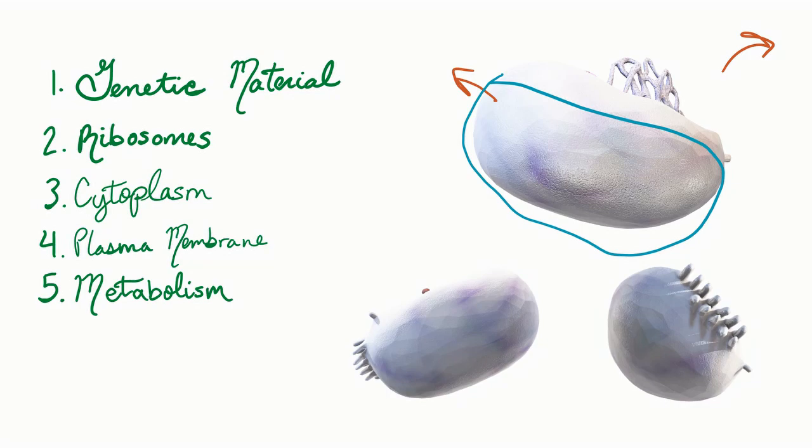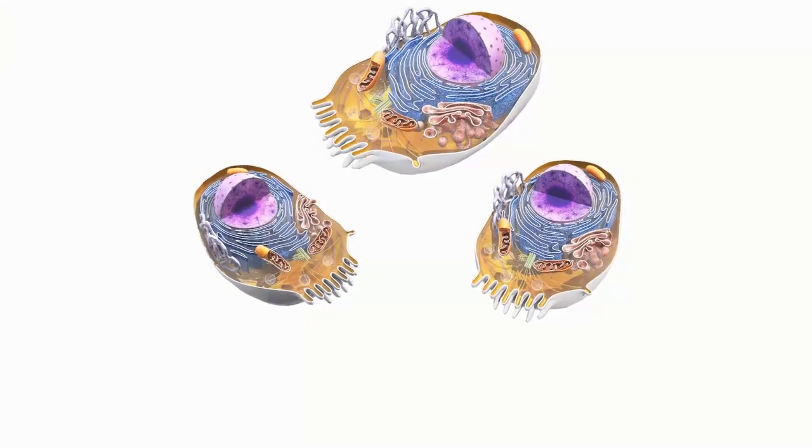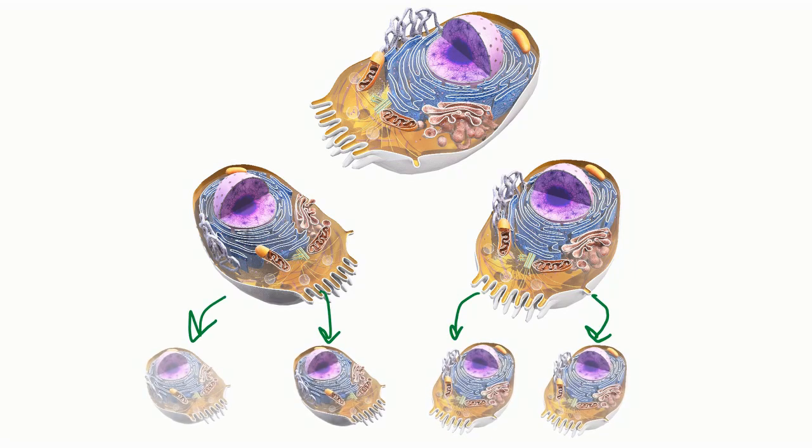So for this, we will be looking at transport, communication, and that's right, metabolism. After this, we will look into how we make more cells and how traits from one cell are passed along to the next cell, also known as heredity.